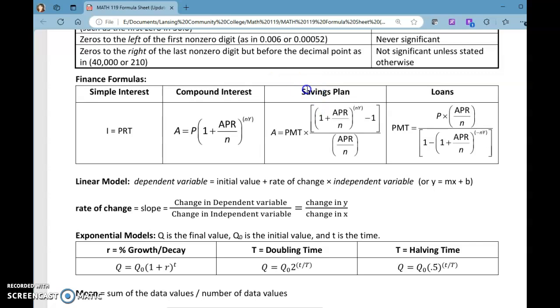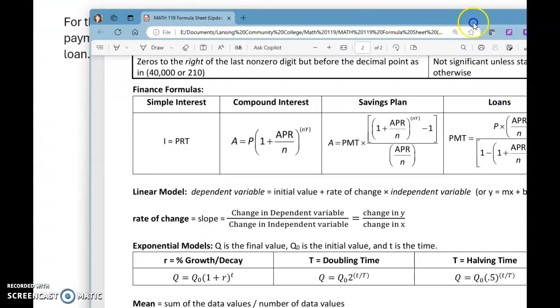So those are the differences. Because the savings plan also uses a compound interest portion, but this one has to deal with a monthly payment, a yearly payment, something where you're doing a repeated savings. But back to the question at hand, which is 4D and the loans formula. So that's the one we're going to use.